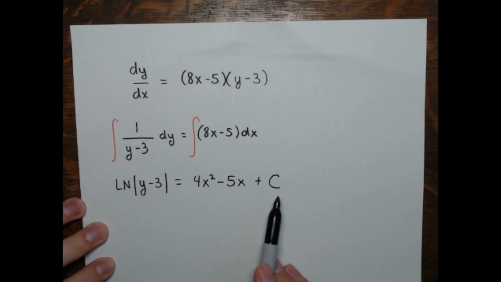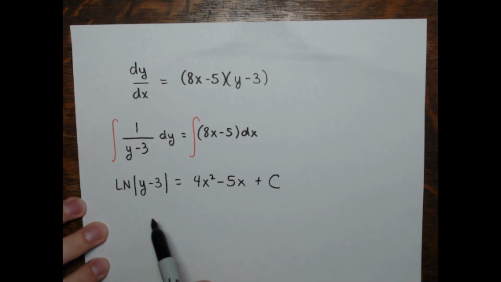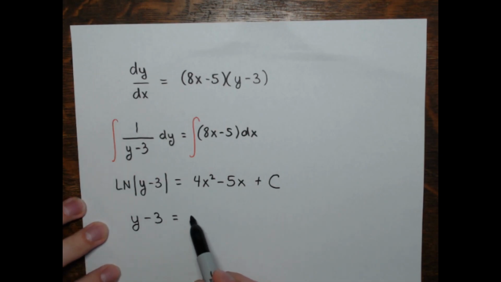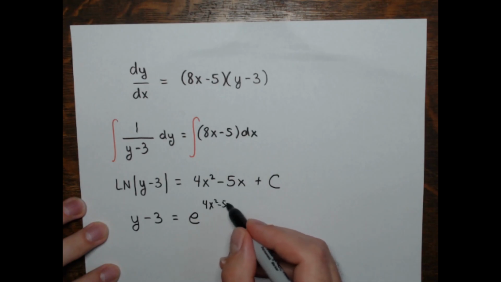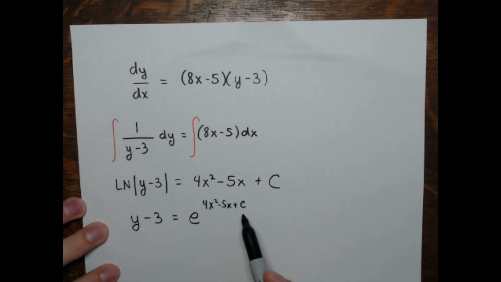So I like throwing it on the side with the x's, with the independent variable. So plus some constant. e to both sides, you have y minus 3 equals e raised to this 4x squared minus 5x plus c.